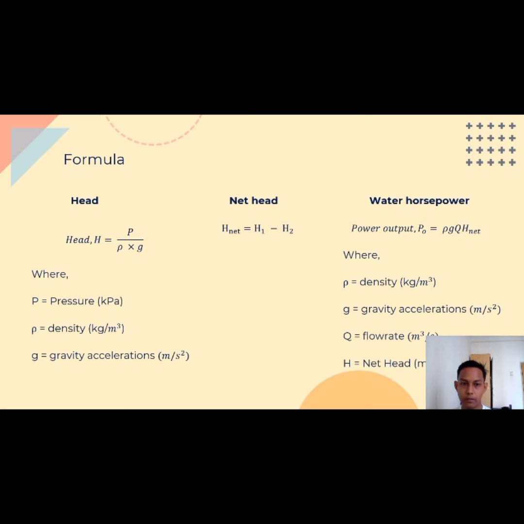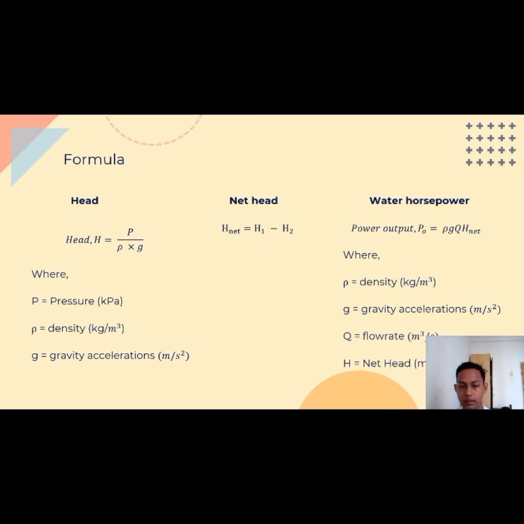So here we have 3 formulas that we use for the calculation. For the first one, we have the head. The head is equal to P over rho multiplied by G. P represents the pressure, rho is density, and G is gravitational acceleration. The second formula is net head, which is equal to H1 minus H2.